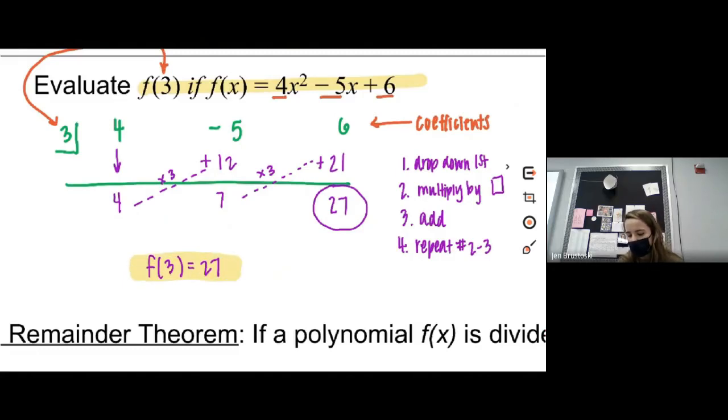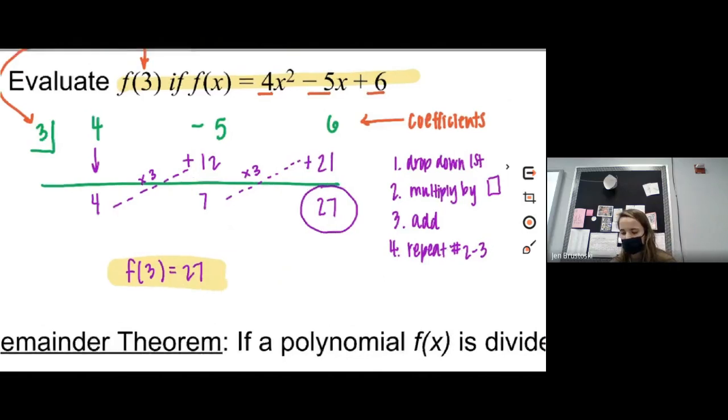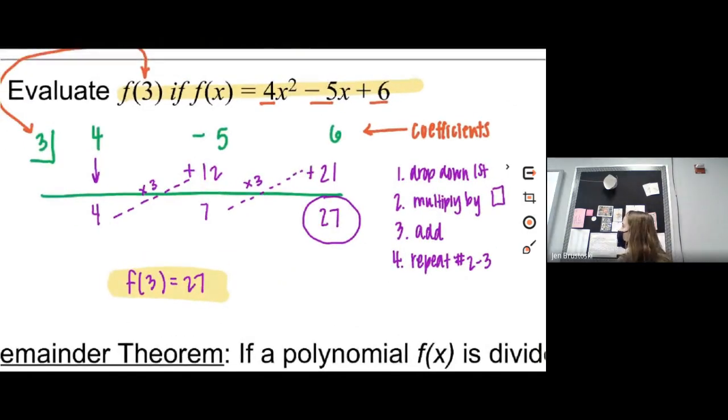Take a second and get that all written down. Make sure you have those steps written down as well. So again, we drop down that first number. We multiply by that number in the box.